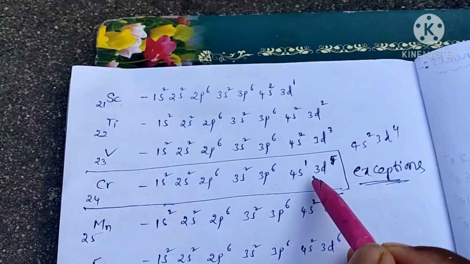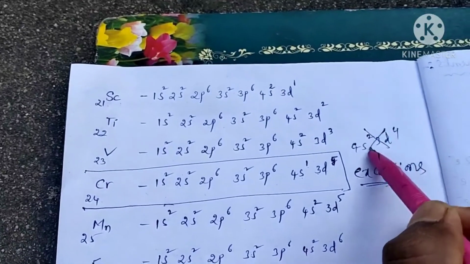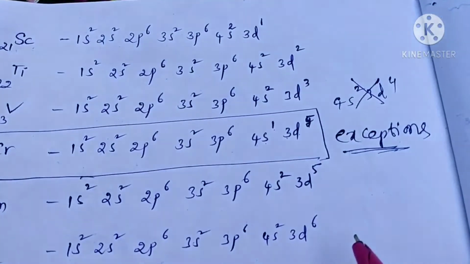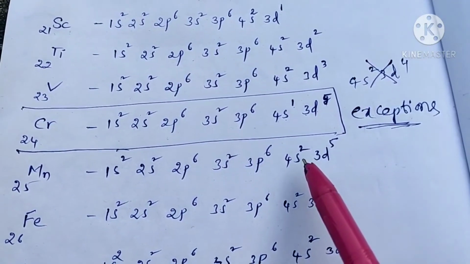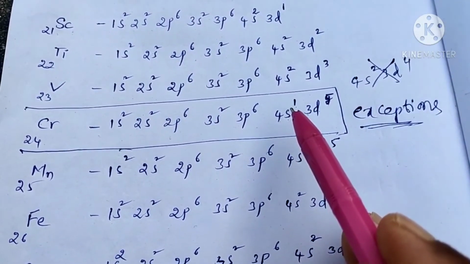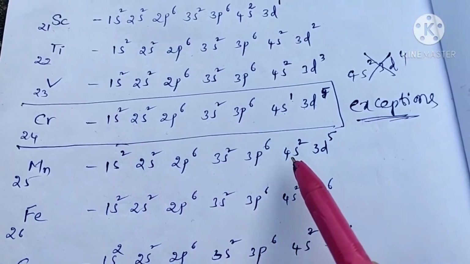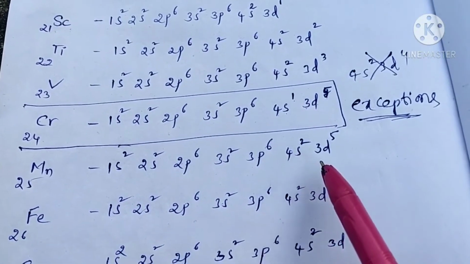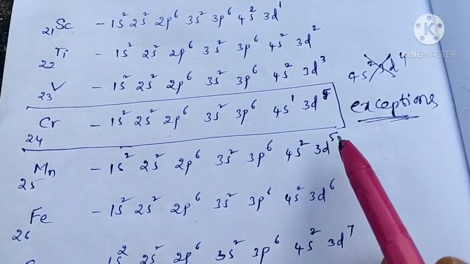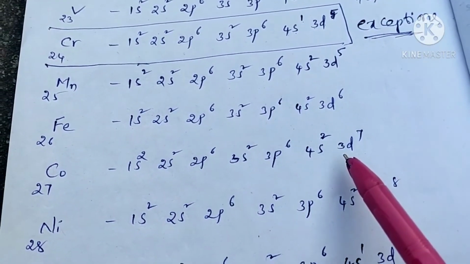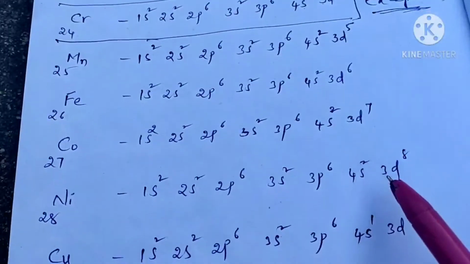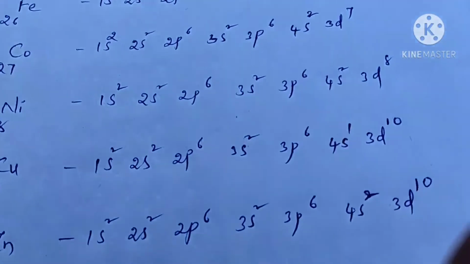This is the configuration. Don't write it like the other. Okay children, keep in mind. And manganese is the same as before, the next coming electron will enter into the s orbital. That is why the configuration becomes 4s2 3d5. Right? Next iron 3d6, cobalt 3d7 and nickel 3d8.